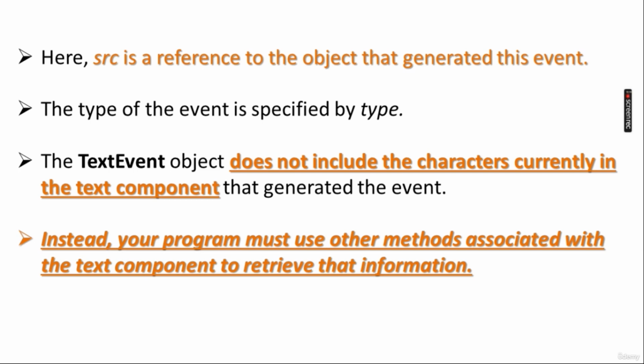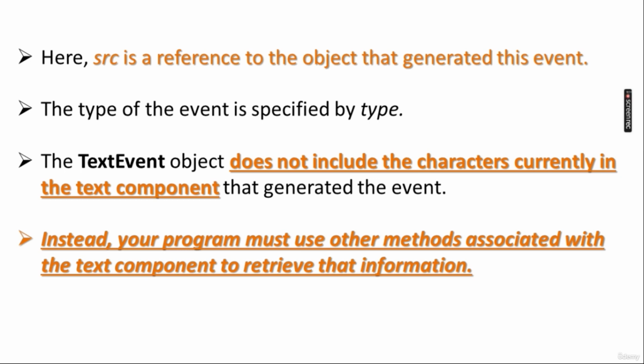Whatever is there inside the text component right now, already written, does not generate any text event. When you enter, change or modify the text value in the text field or text area, then only this event will be generated. You have to remember this. Suppose you are creating a text field with the default value entered, like 'My name is Suvarna', but I have to add my complete name, like 'My name is Mrs. Suvarna Sachin Barsode'.